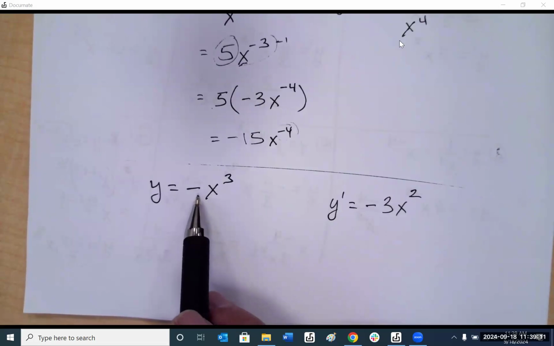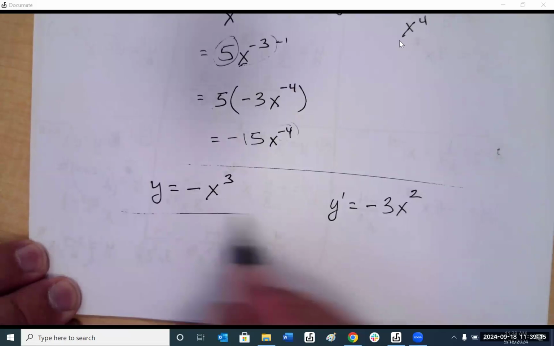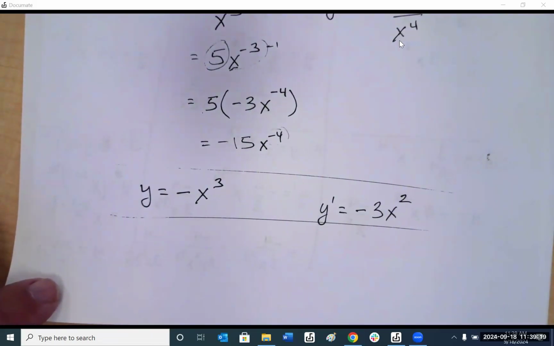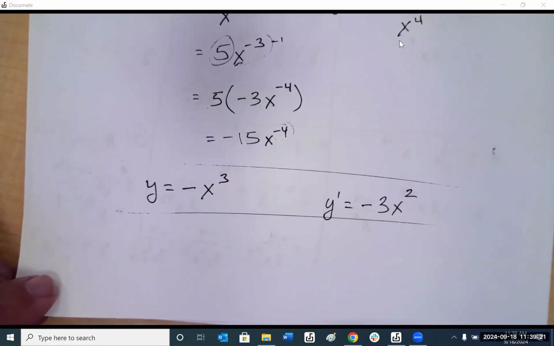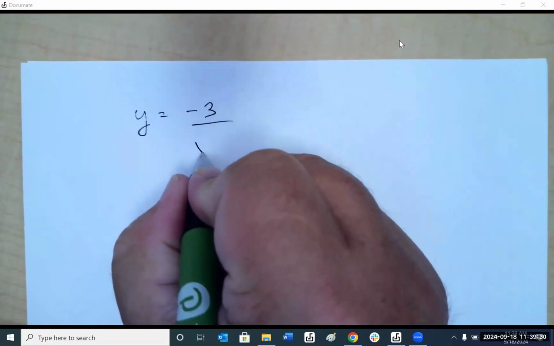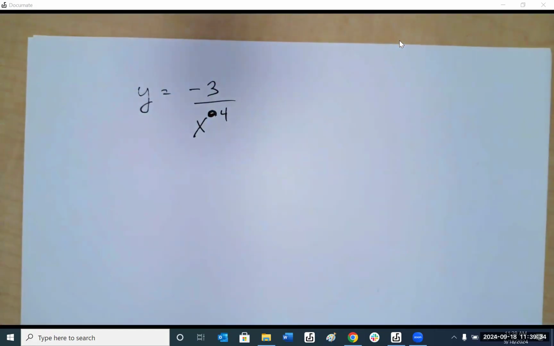So if the function is negative, it's going to end up negative, usually. Notice I said usually because we're going to show you the contradiction to that one statement. Negative 3 over x to the power 4.